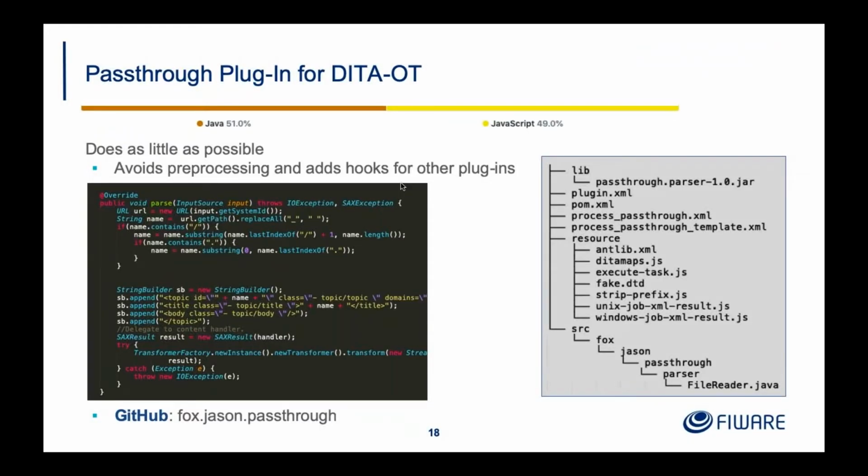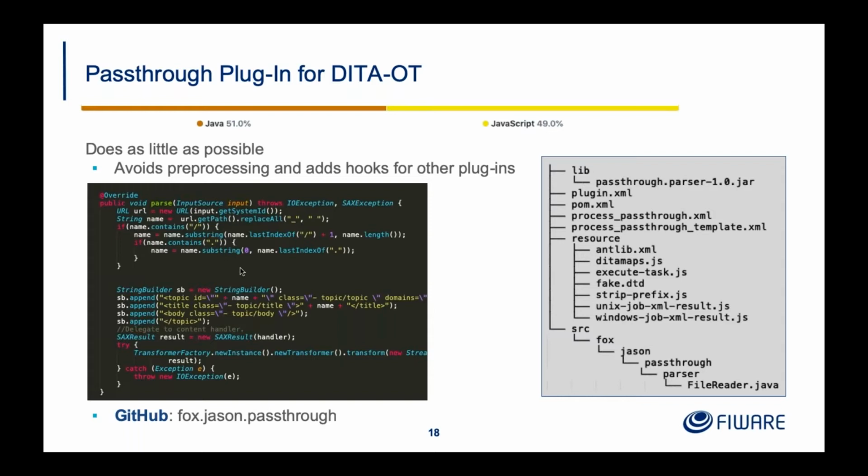The first plugin is really a very small one, but in order to process any files, you've got to have some sort of format. And this is a format saying, okay, give this format to me and I will just give you a tiny little topic which has got nothing in it. And more importantly, it adds in processing hooks.